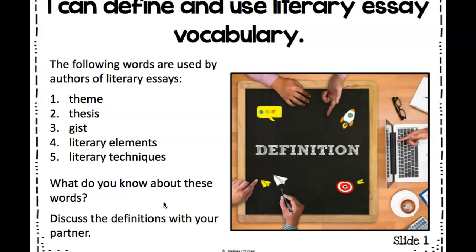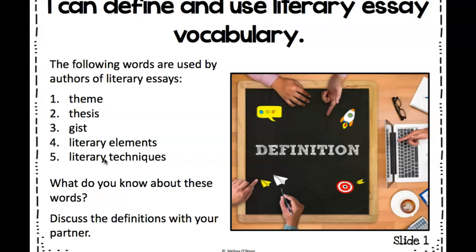Maybe tell your dog or your parents what you think each is. Bring it to the forefront of your brain. That's your schema, and even if you're wrong, that's okay.